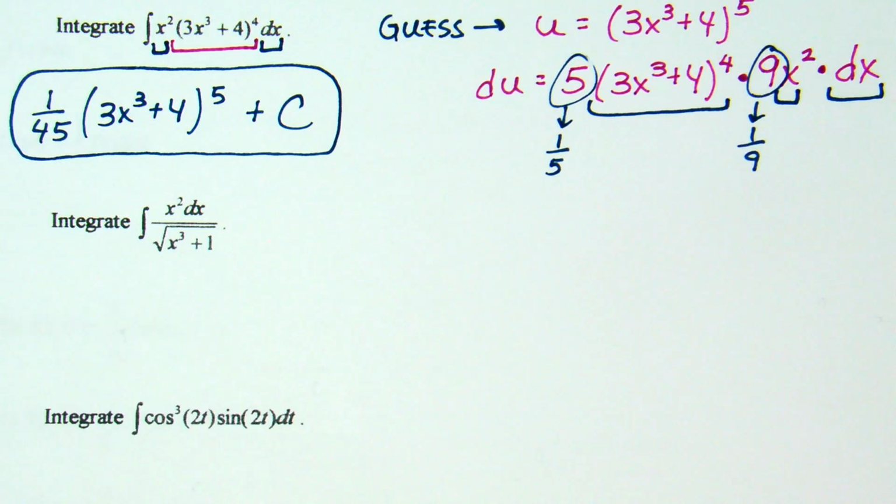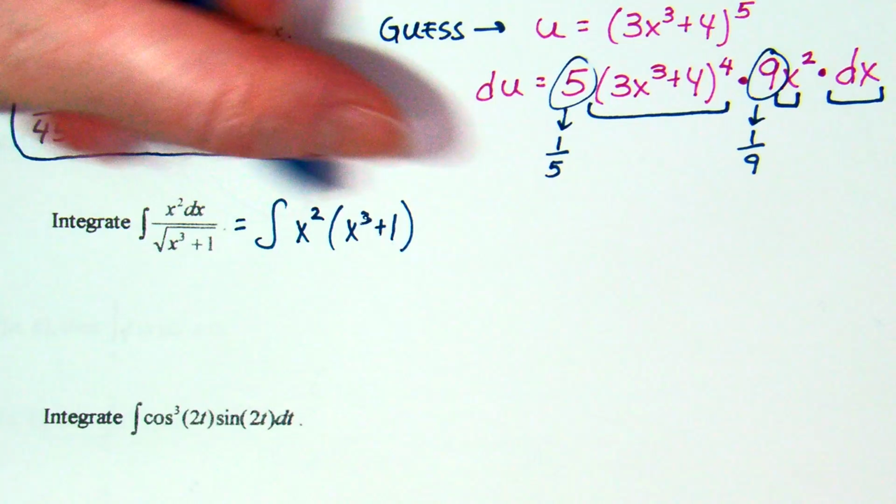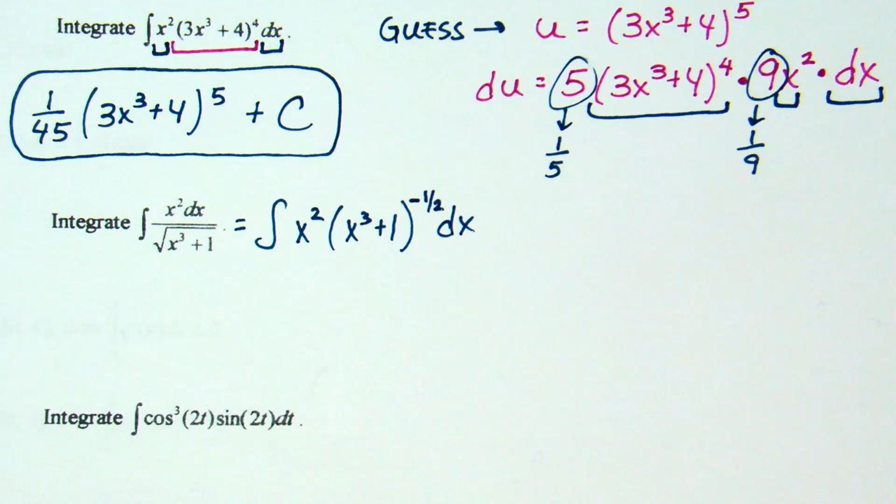So this is the integral of x squared times x cubed plus 1 raised to what power? Negative 1/2, dx. That's just rewriting the initial problem to get yourself going.